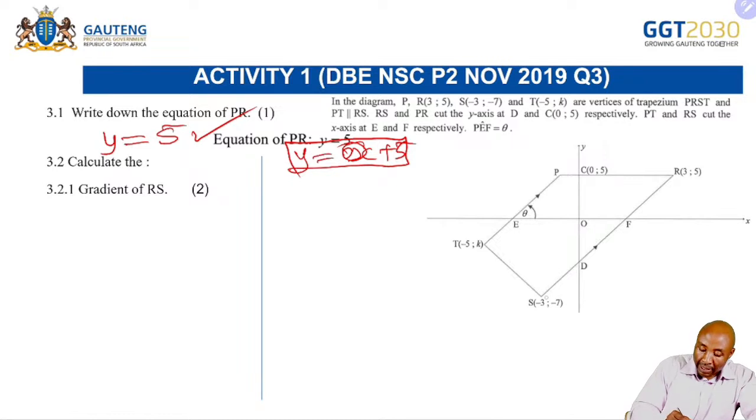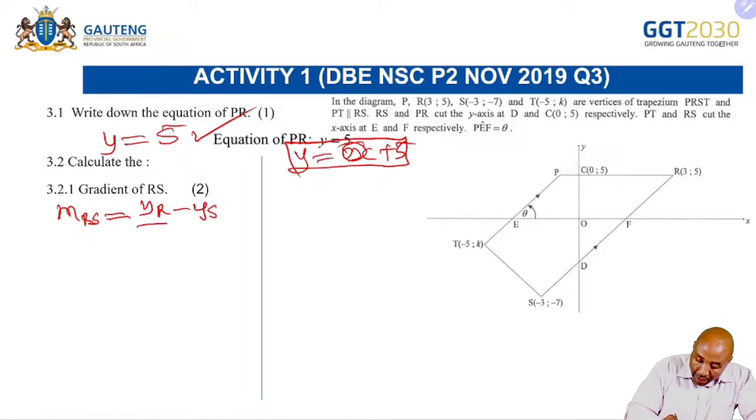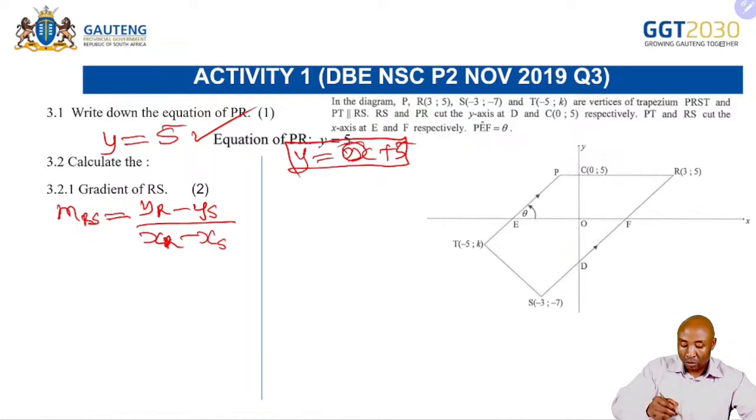And we know that the gradient RS will be given by y at R minus y at S over x at R minus x at S. It helps you to substitute correctly, and we are aware that we use small letter m for gradient, and we use our points R and S as capital letters.